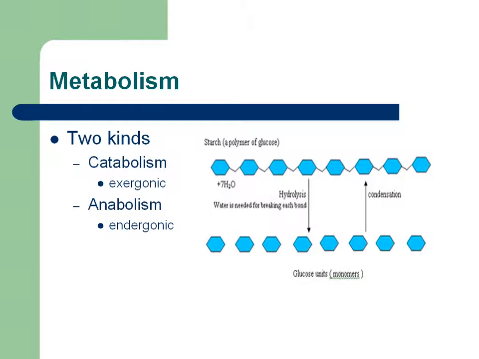When a covalent bond that holds those large molecules together is broken, it releases kinetic energy that had been stored within that bond, and that energy can perform work. These are called exergonic reactions because exergonic reactions release energy. On the other hand, we've got anabolic reactions, or anabolism.